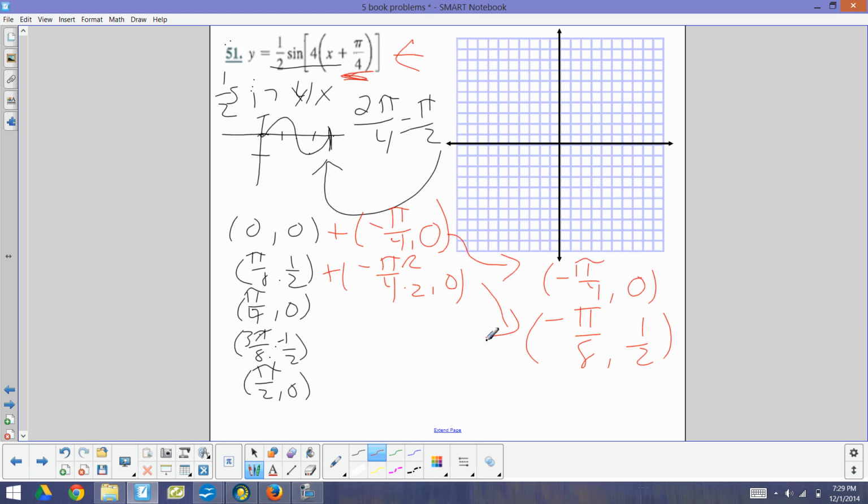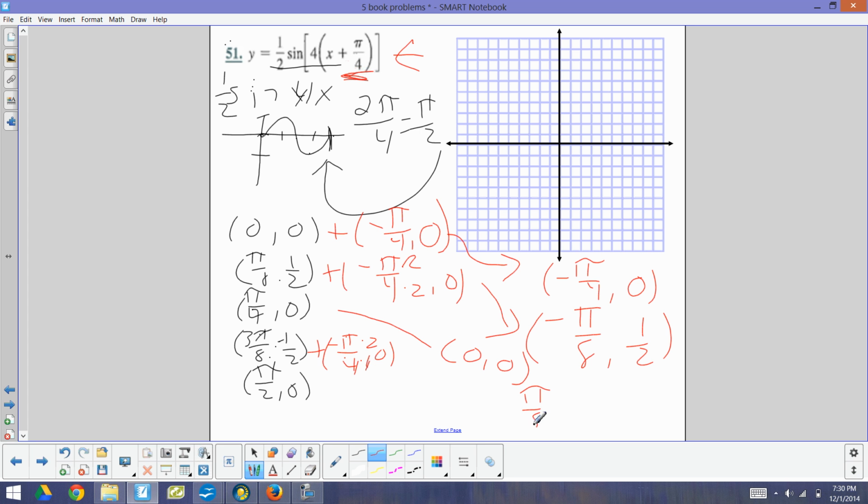So that's that one right there. Do the same thing to this one, pi over 4 plus negative pi over 4 is 0. So for this point, I'll have 0, comma, 0. 3 pi over 8 plus a negative pi over 4, comma, 0. Common denominator again, if I multiply top and bottom by 2, 3 pi over 8 minus 2 pi over 8 gives me pi over 8.